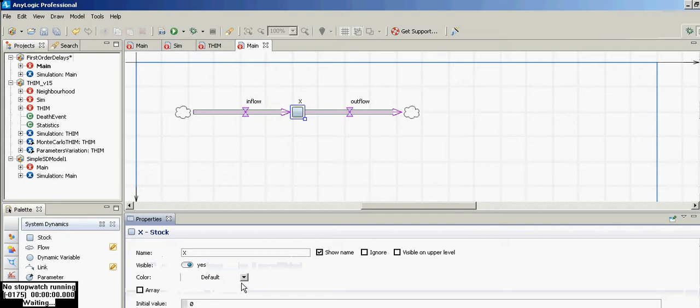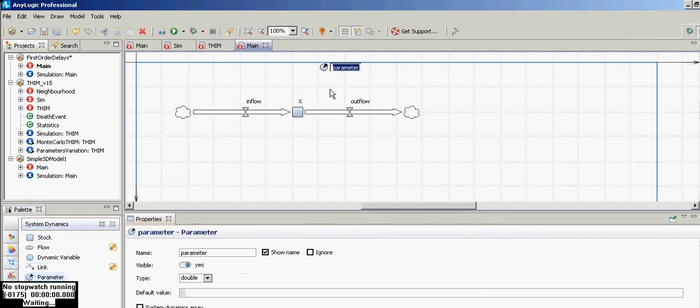I'm going to add a parameter. It's a constant in any case. I'm going to add a constant, and this will be probability per year of departure. Okay, I'm just being very verbose about it, but that's our chance per year.